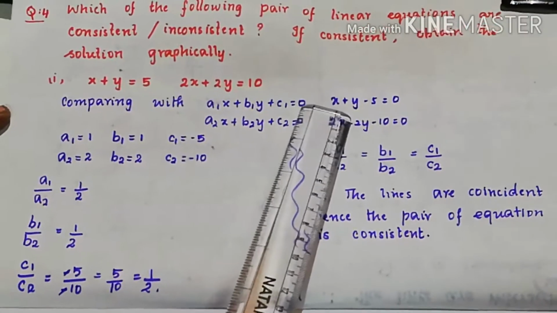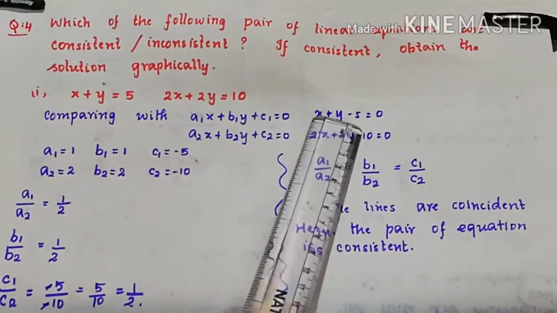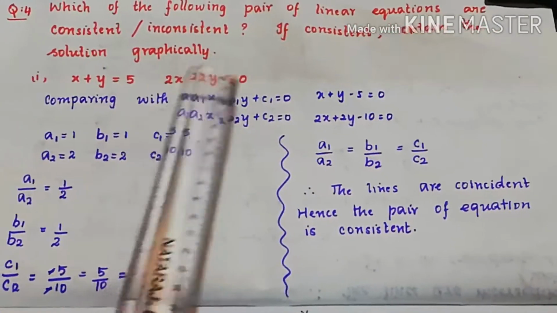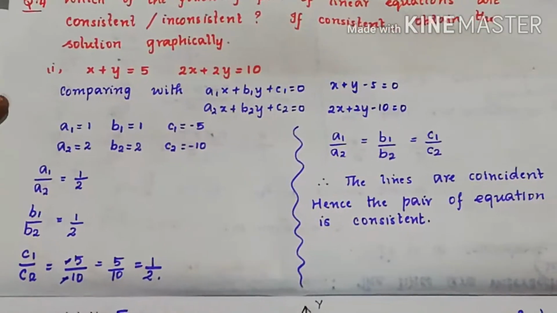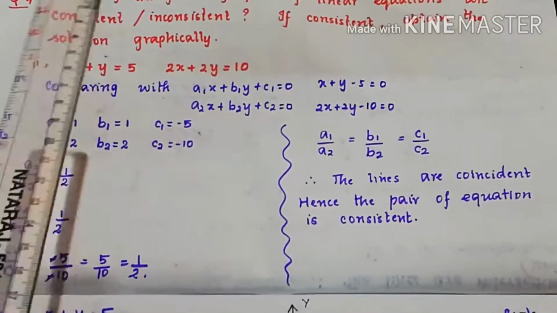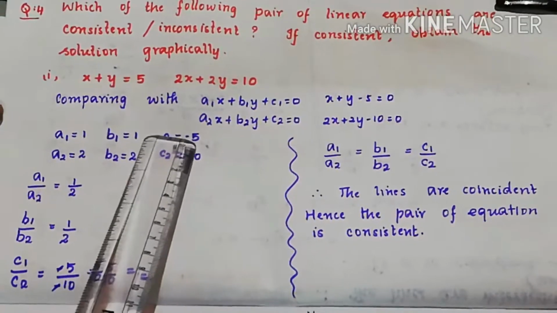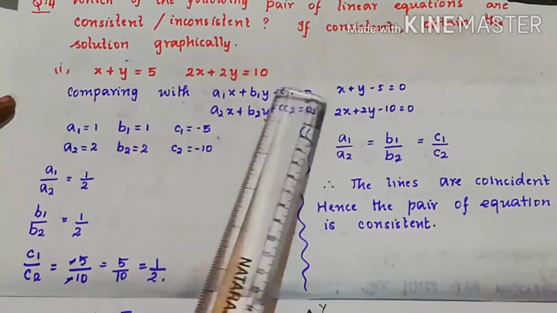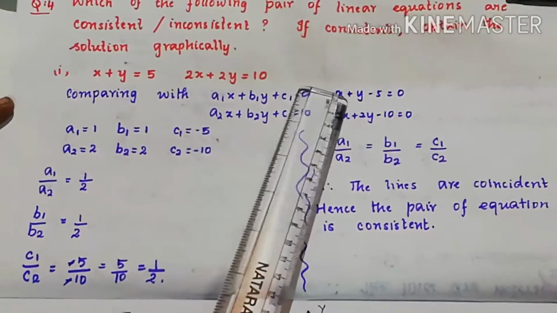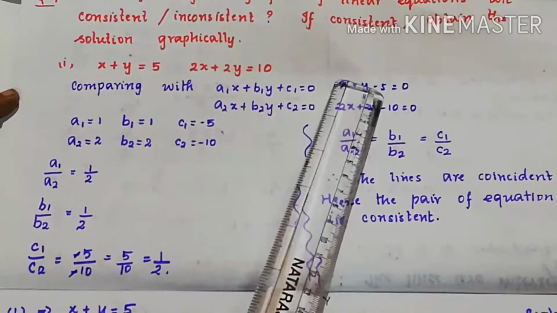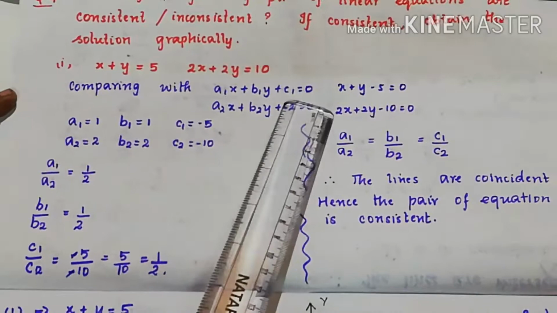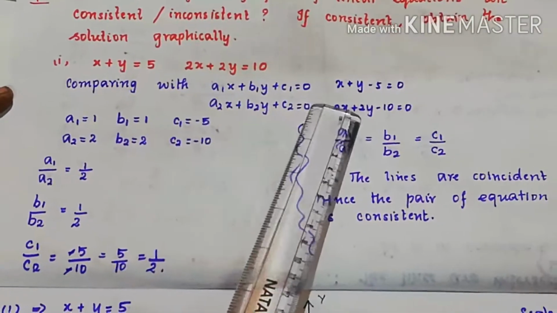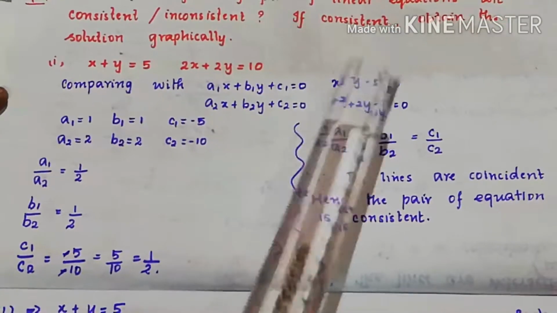First you rearrange and write it: x plus y minus 5 equal to 0, 2x plus 2y minus 10 equal to 0. Next you compare with the standard linear equation and write what is a1. a1 value is 1, b1 also equal to 1, c1 is minus 5. Next a2 is equal to 2, b2 also equal to 2, c2 is equal to minus 10.